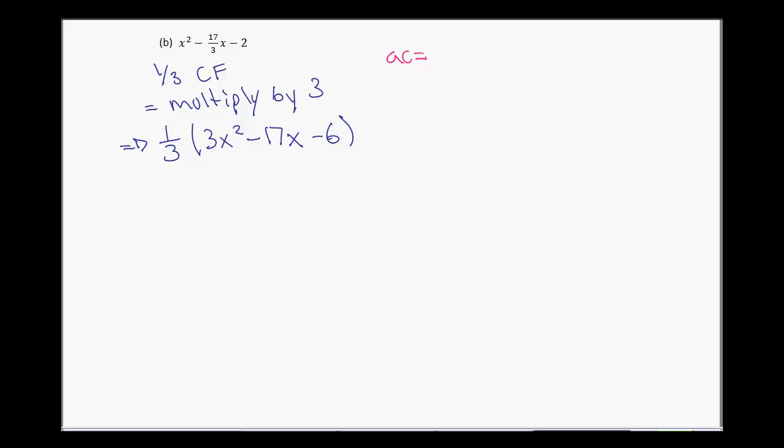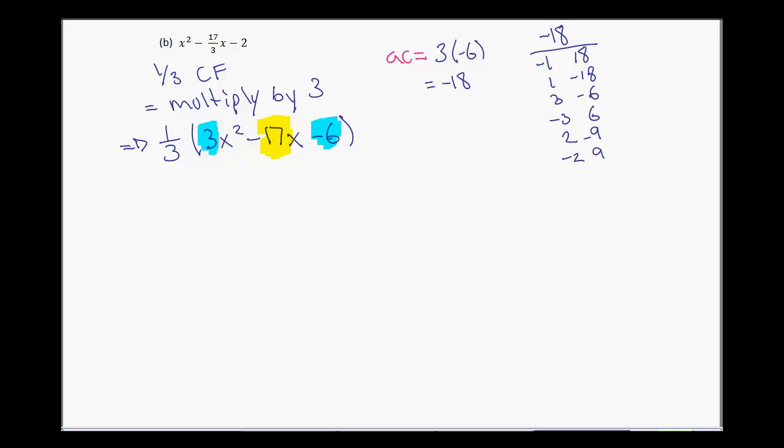Using the AC method, we're going to have 3 times negative 6, which will equal negative 18. So now we need to find two factors that will multiply to become negative 18, but will subtract to become 17. Factors of negative 18 are negative 1 and 18, 1 and negative 18, 3 and negative 6, negative 3 and 6, 2 and negative 9, and negative 2 and 9.